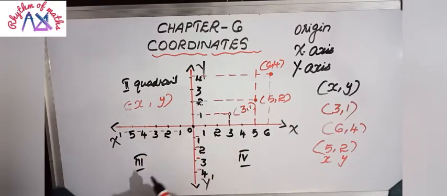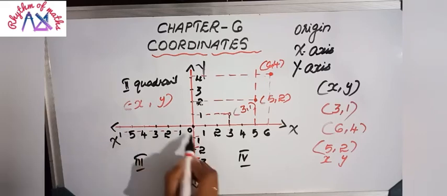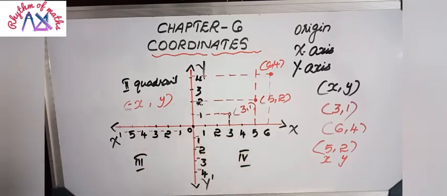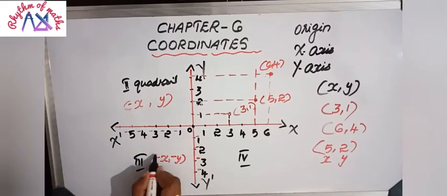Now the third quadrant, in the third quadrant all the numbers are negative. The x-axis has negative numbers, the y-axis also negative numbers. So here the numbers will be minus x and minus y, like minus 2, minus 3, minus 1, like that.